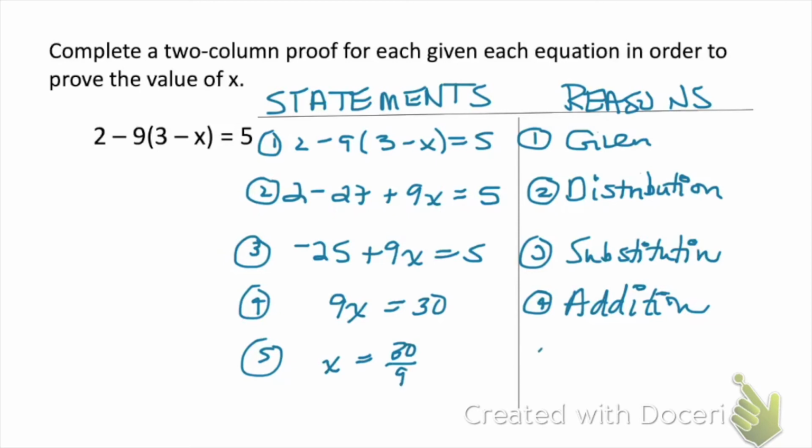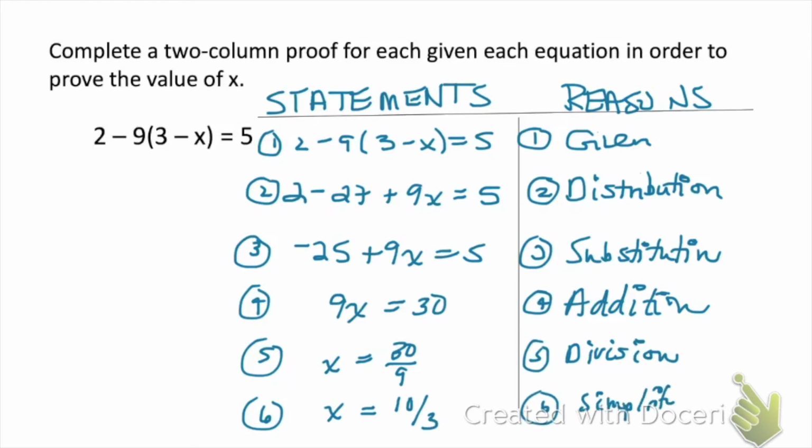So that's going to be 30 divided by 9, which would be our division property. Now you might note here that 30 over 9 can be reduced. So I'm going to write that in reduced fraction form by taking a 3 out, which would make it 10 over 3, and I'm going to write my reason as simplify. In this case, this could also be substitution since we're reducing it. Either of those options would be totally fine.